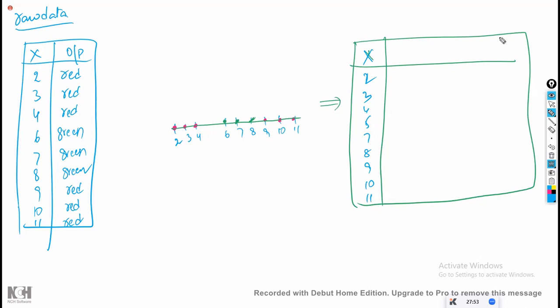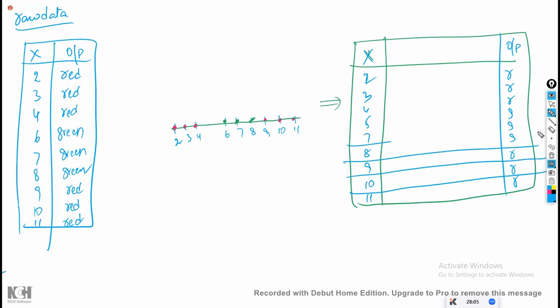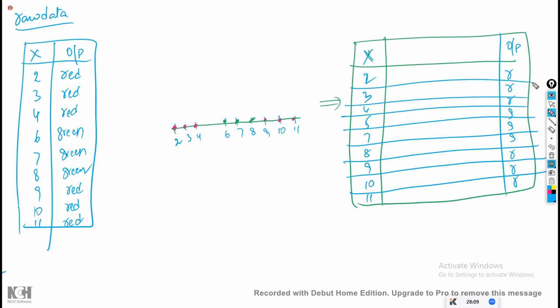This is the original x and your output variable of red, red, red, green, green, green, red, red, red. This is the original data set directly.